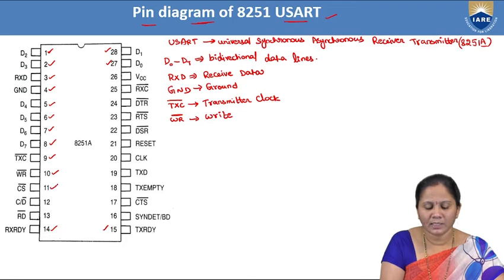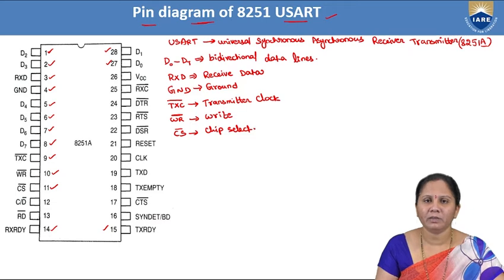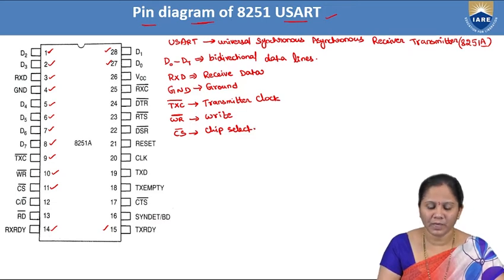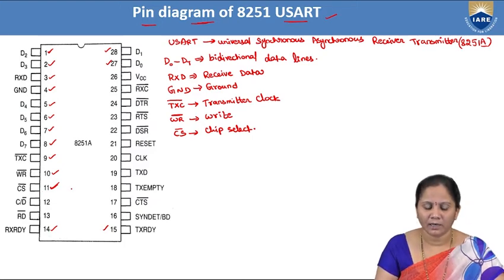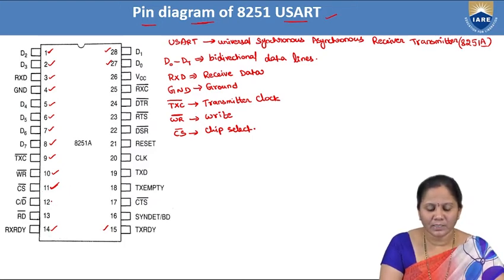The next signal is CS bar. Here CS bar represents chip select. For many peripheral devices, up to now what we have seen, all the peripheral ICs have this chip select signal. The next one is the 12th pin, which represents C by D bar.